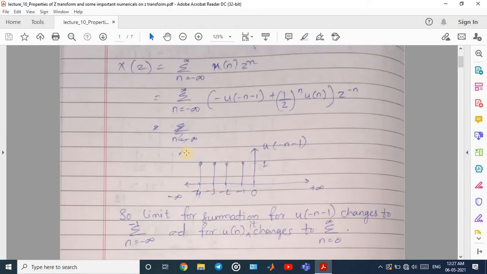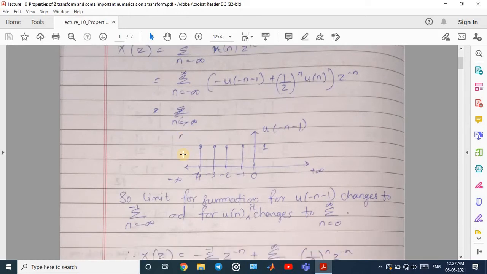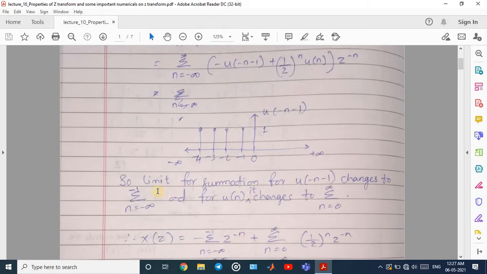Now, in the traditional format, the limits will change because of the presence of u of n. The limit of summation for this term changes to n equals minus infinity to minus 1, because the sequence starts from minus infinity and ends at minus 1.